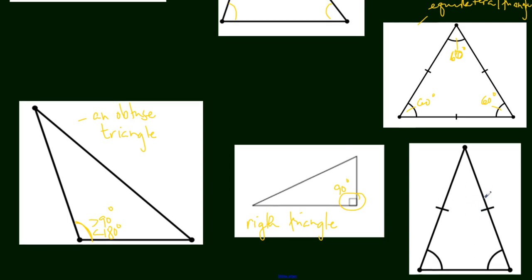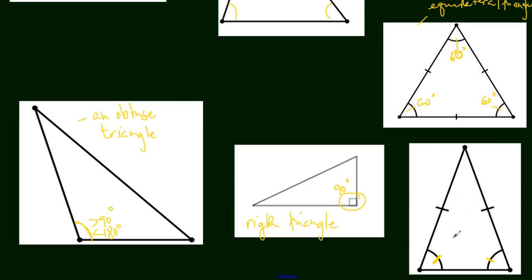This one now is if 2 sides are equal, as you can see here, then it is very special. The angles to the base are also equal. So this angle is equal to this angle. The angles are equal when we have 2 sides that are equal.